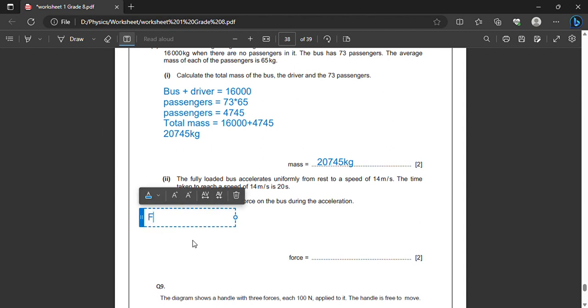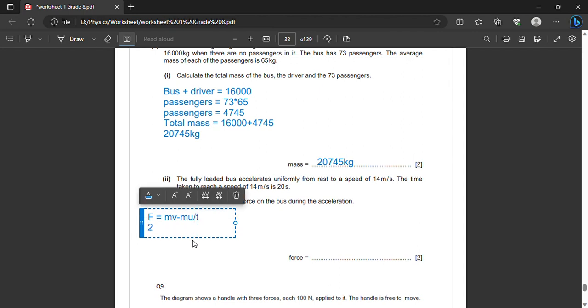To calculate the resultant force, F is equal to the change in momentum over time. You can write mv minus mu, that will be mass times velocity. So basically mass times the final velocity minus mass times the initial velocity, that is the starting velocity, all over t.